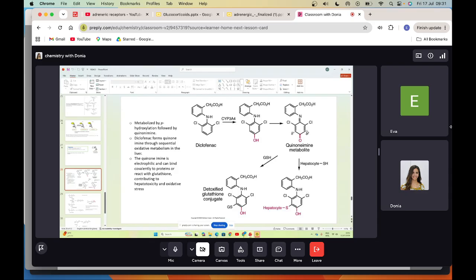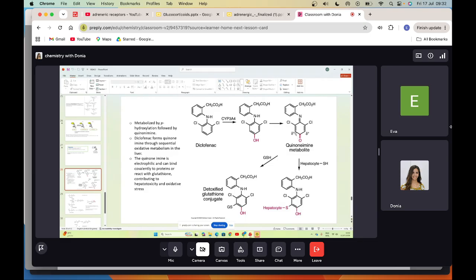They have high partial positive charge. We call this ring a quinone-imine ring because C double bond N is imine. So this is called the quinone-imine metabolite. This ring is highly toxic.